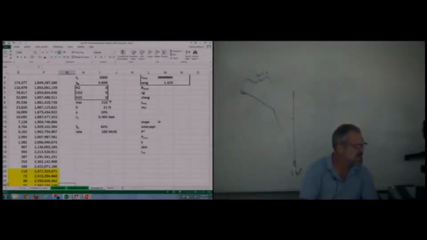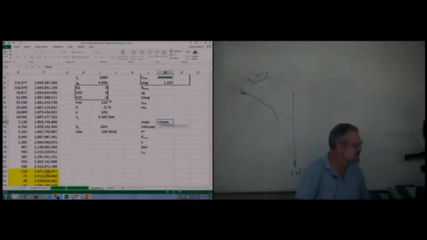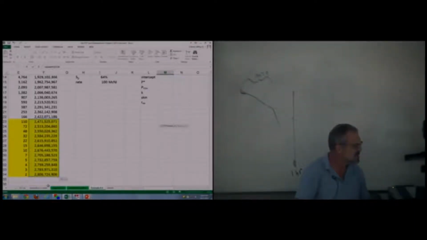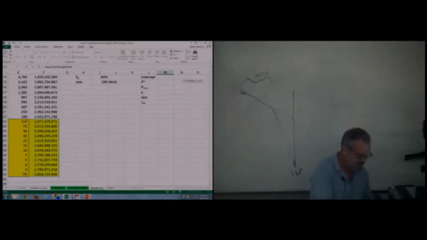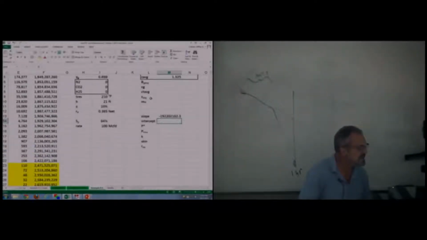Okay, so my slope: known Y's are pseudo pressures, and known X's are the log of my Horner time. Okay? I'm probably missing a second thing.